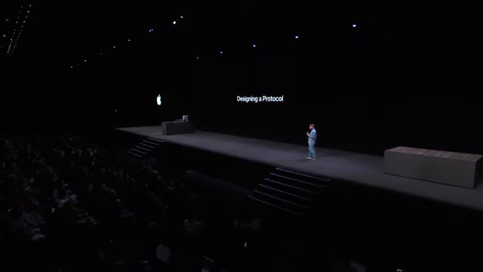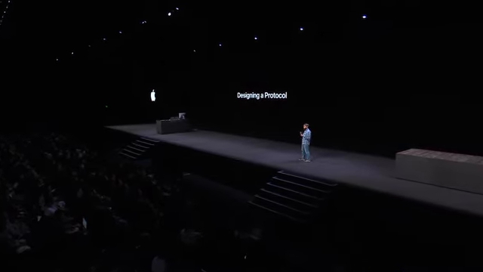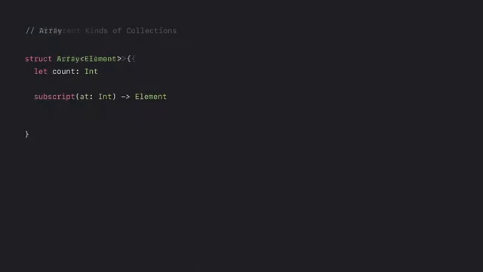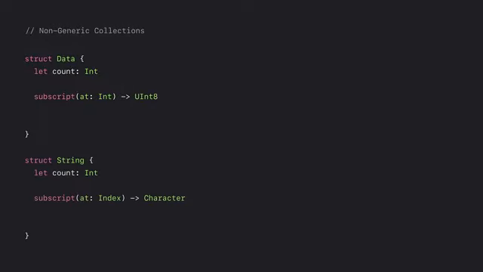Now let's talk about that process of factoring out protocols from various types. So we've been talking about this buffer type, and we can make it generic across different elements. But what about writing generic code that's generic in a different direction, of writing code that works on any different kind of collection, such as an array that's very similar to our buffer type, but also more varied types, like a dictionary that's a collection of key-value pairs, or maybe types that aren't generic over different element types, like data or string that return specific element types.